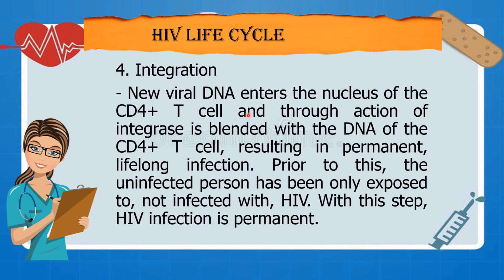The new viral DNA enters the nucleus of the CD4 T cell and, through the action of integrase, is blended with the DNA of the CD4 plus T cell, resulting in permanent lifelong infection. Prior to this, the uninfected person has only been exposed to, not infected with, HIV.